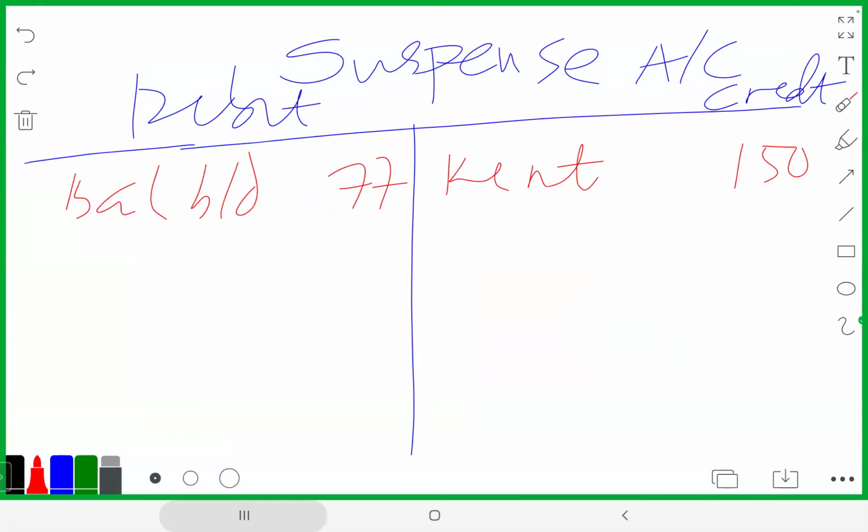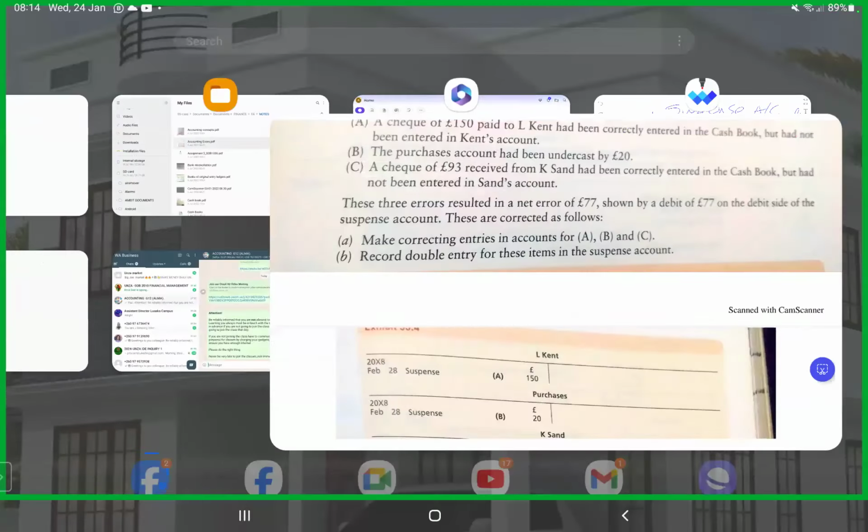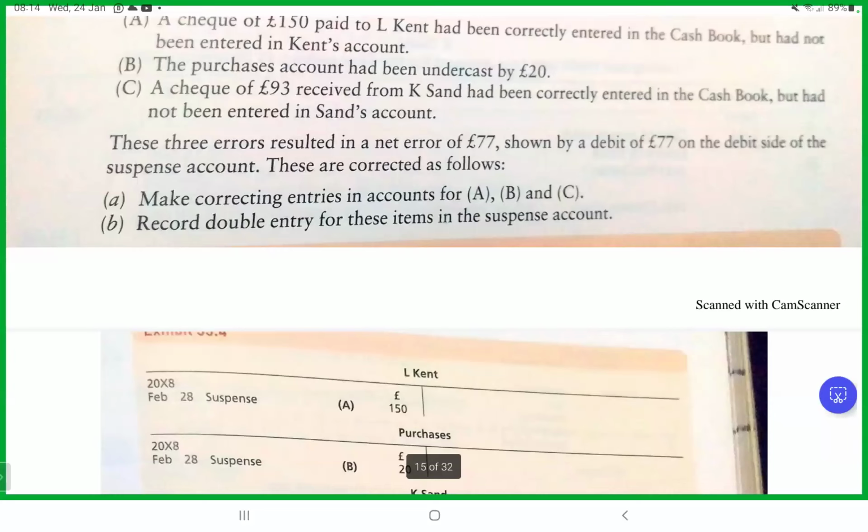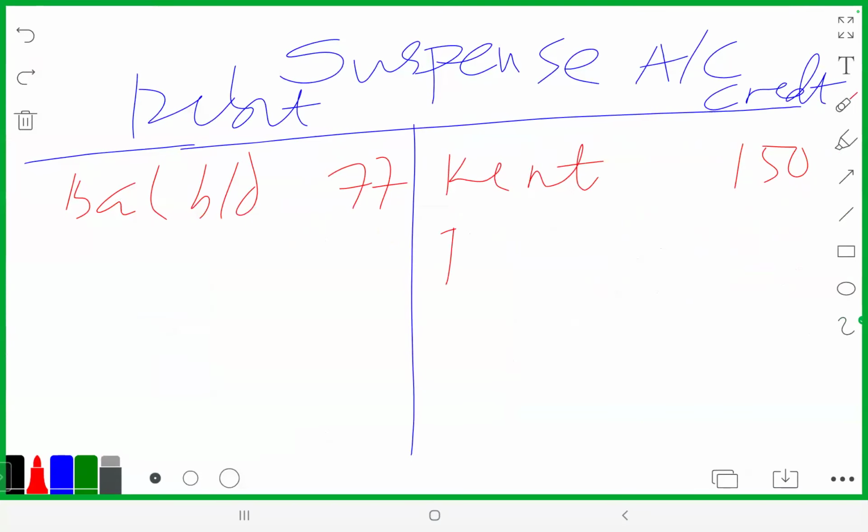Simple. Then you go to the next transaction. The purchases account had been undercast by 20. So we debited the purchases, and the suspense account will be credited by the purchases of 20.